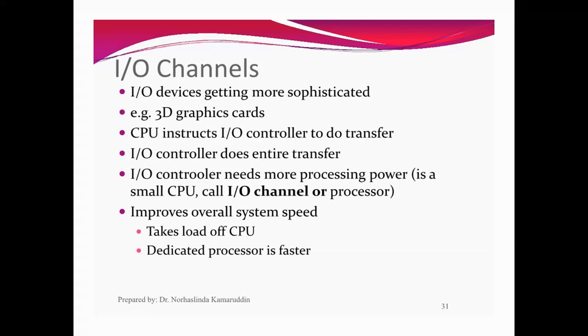Alright, that's DMA. Okay, so kita dah tahu input output. Okay, so bila kita kata input output, the transfer it depends on the interface, ataupun kita kata input output channels. Okay, so your input output devices are getting more sophisticated, more high end, because some of the devices can do both input and output at the same time.